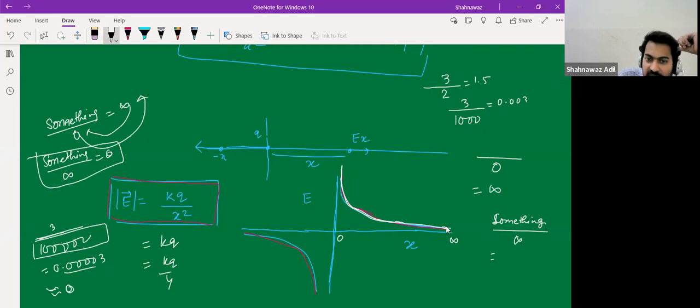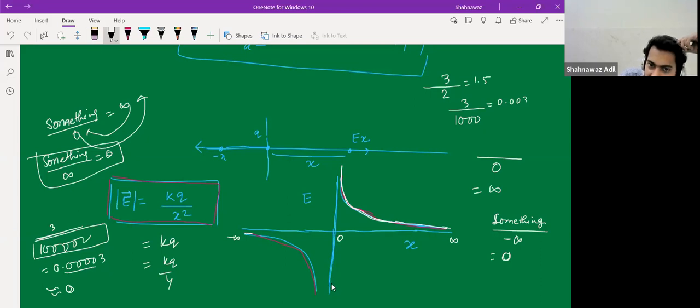Similarly, in the negative direction, at minus infinity, E would be 0, right? And it is increasing in the negative way, so this negative value is increasing.